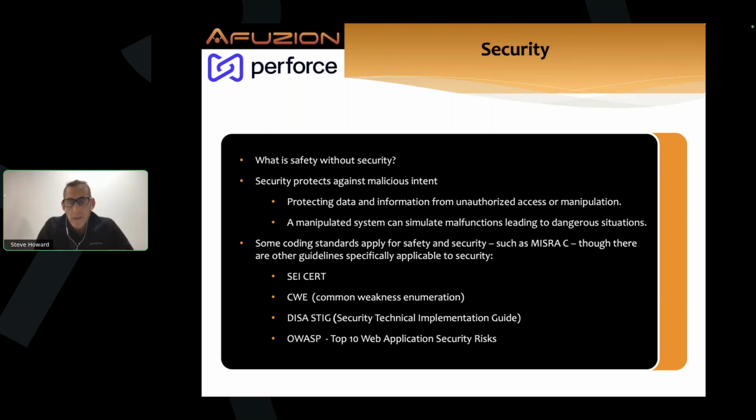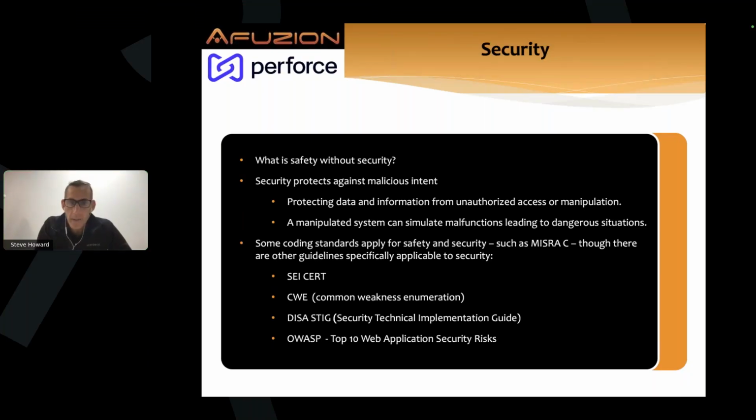In many systems now where we have connectivity to external systems, it's important that we not only protect our own system itself against unexpected behaviors, but also against external influence using intended behaviors for unexpected requirements or cases. So in other words, even a safe system, if we had unauthorized access or manipulation from outside, could lead to dangerous situations.